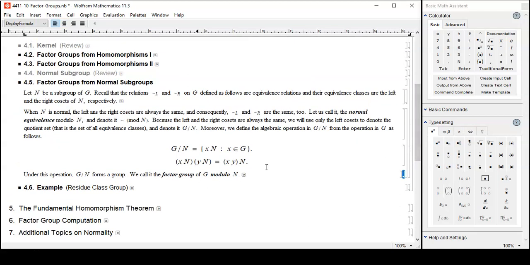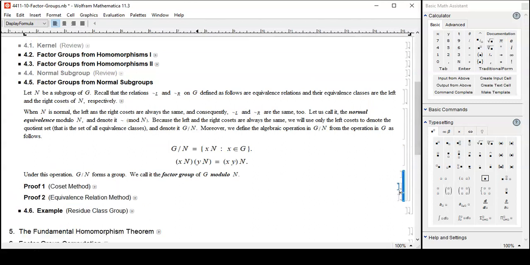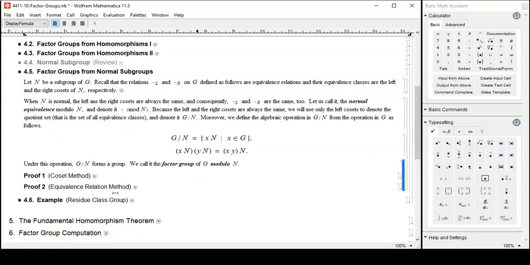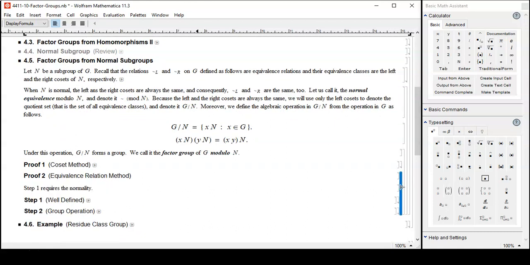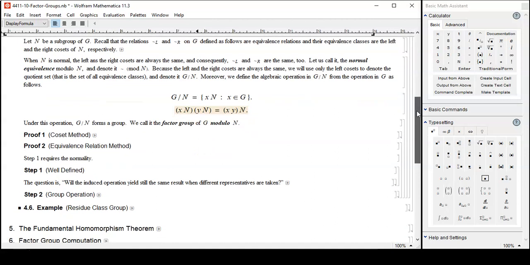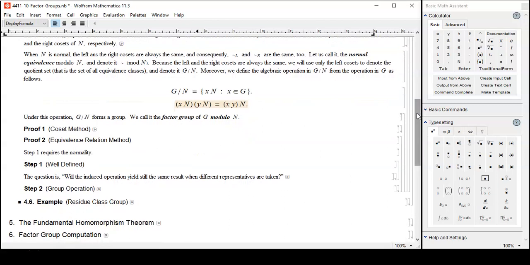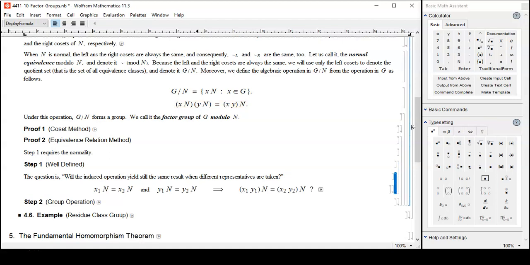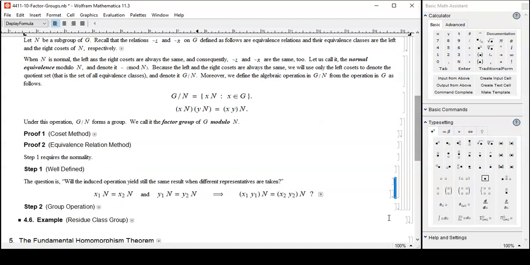Now what if we use the second method, the equivalence relation method? Let's try to prove this is well defined using an alternative viewpoint. So basically, here's a question. Will the induced operation yield the same result when different representatives are taken? So instead of taking different representatives as cosets, x1N versus x2N, let's consider x1 and x2 are equivalent.